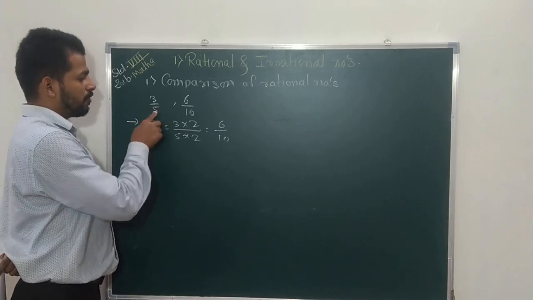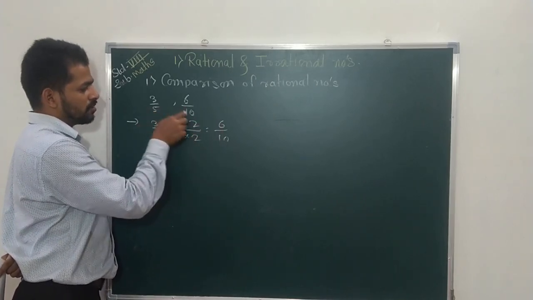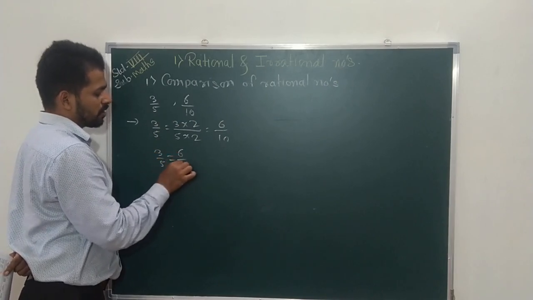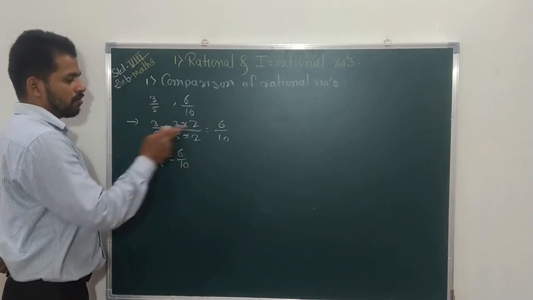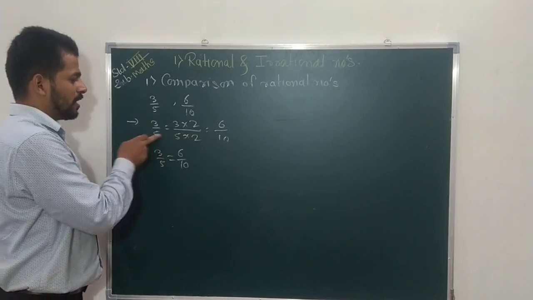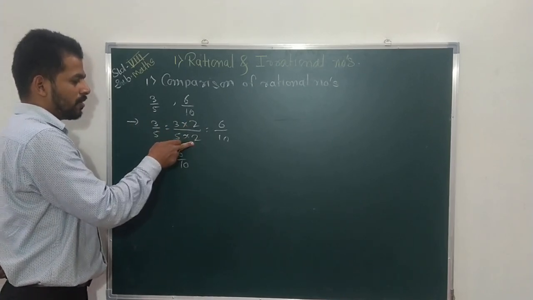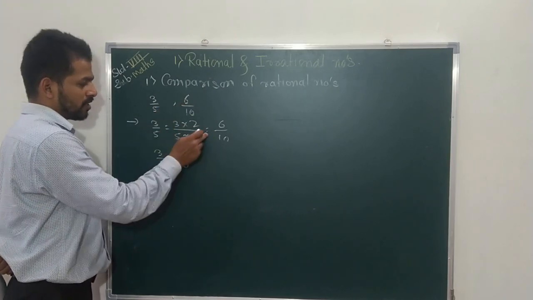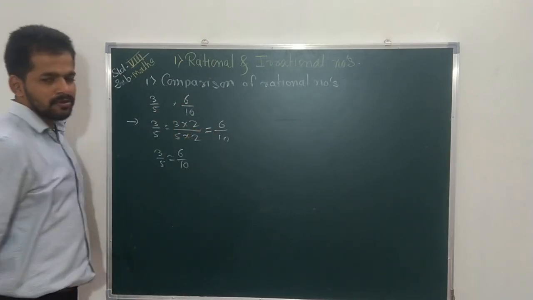So 3 upon 5 is equal to 6 upon 10. Both values are equal, because the 6 upon 10 is already given, and the equal sign is there.